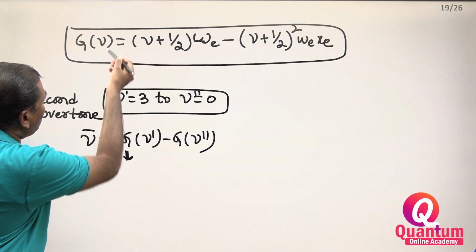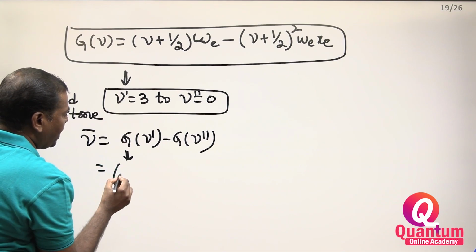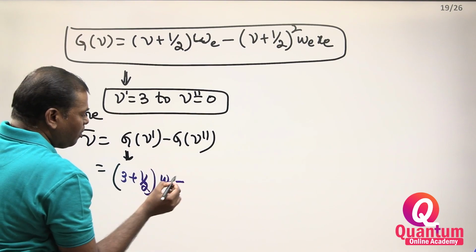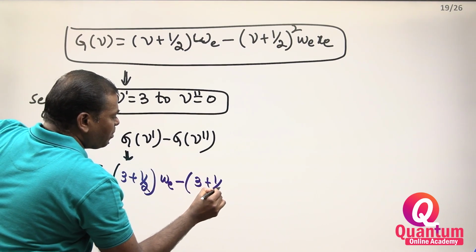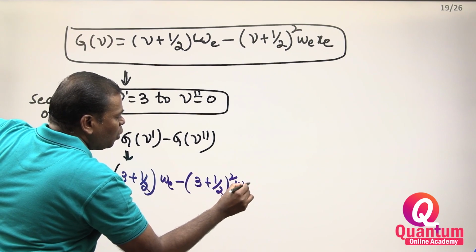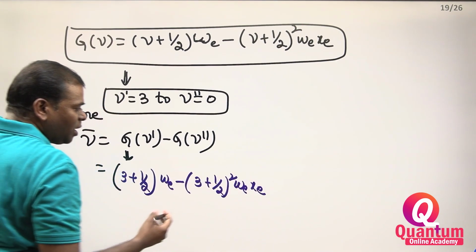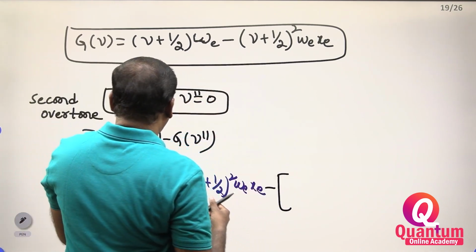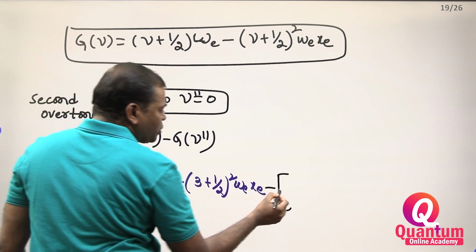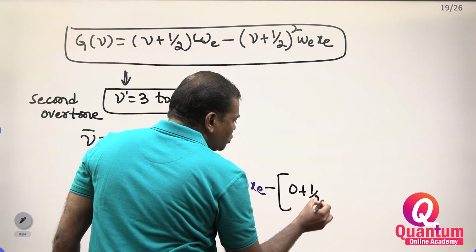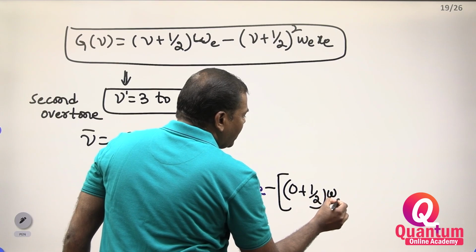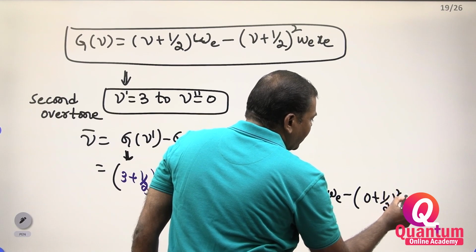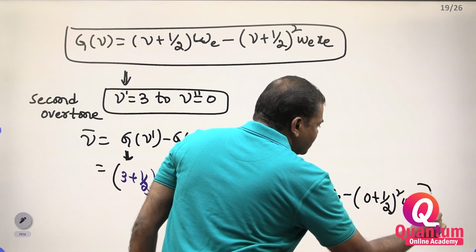G of nu dash: 3 plus 1 by 2 into omega e minus 3 plus 1 by 2 whole square into omega e xe, minus, and for nu double dash equal to 0: 0 plus 1 by 2 into omega e minus 0 plus 1 by 2 whole square into omega e xe.